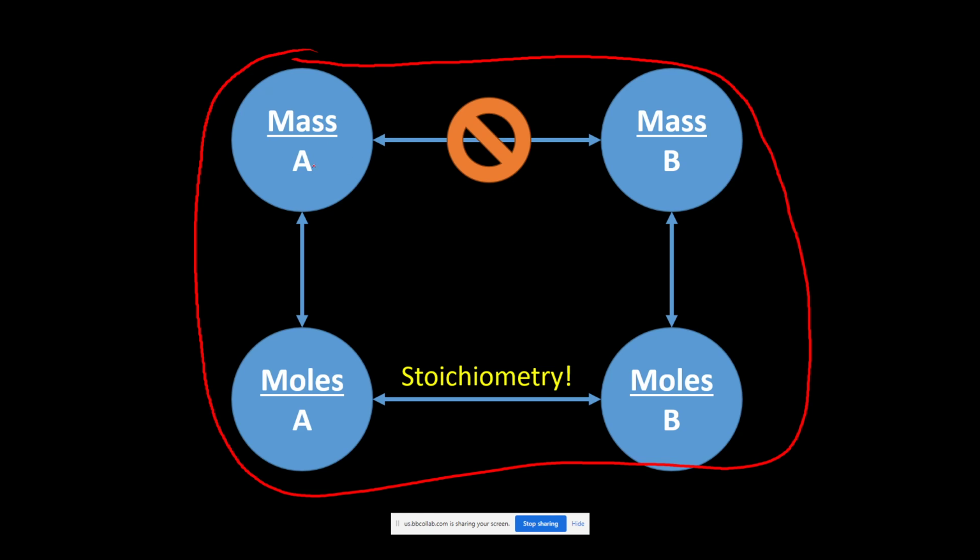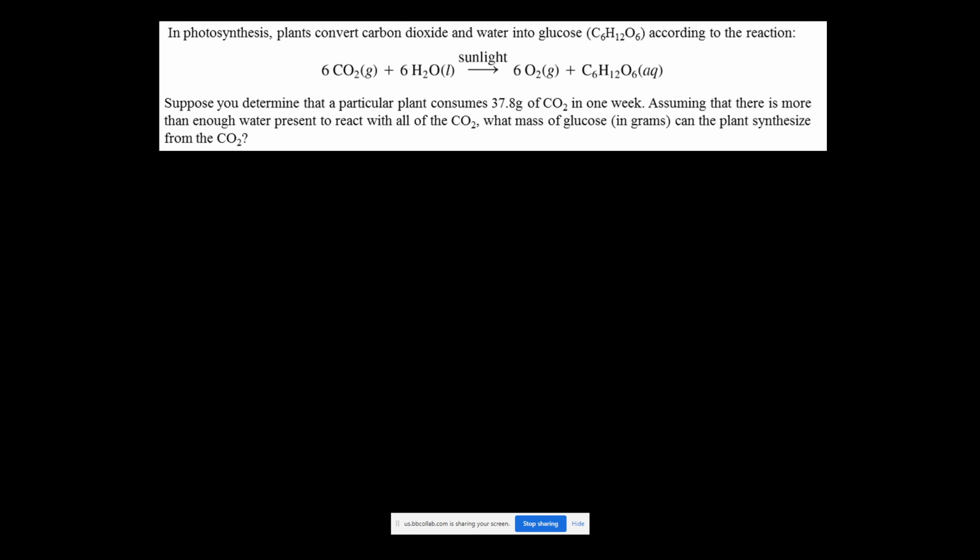If you have information about one thing, determining information about something else using this process of converting to moles, using the balanced chemical equation to go from moles of one thing to moles of something else, and then using the molar mass again to convert back into mass. So this is where we'll come back to later.